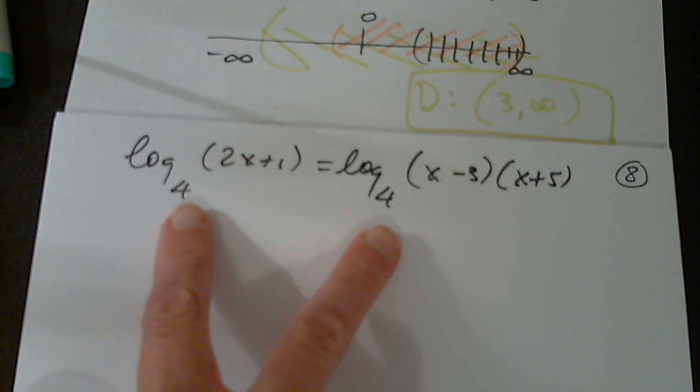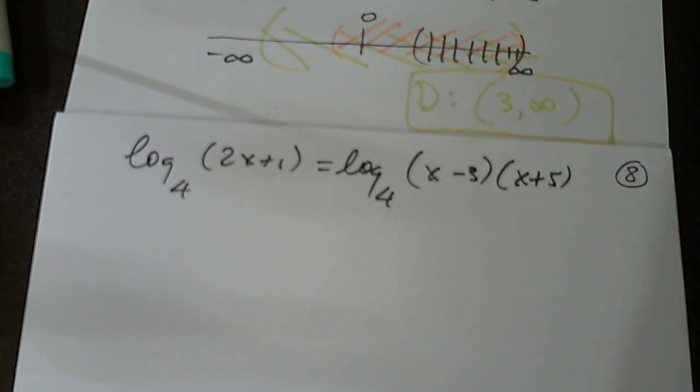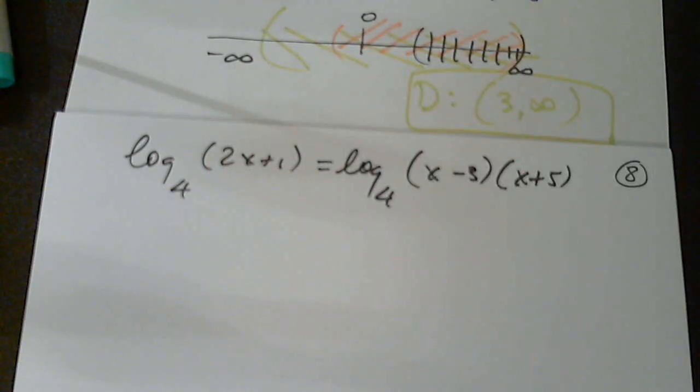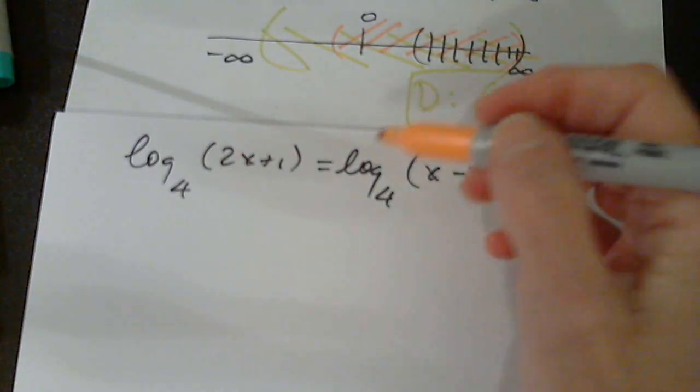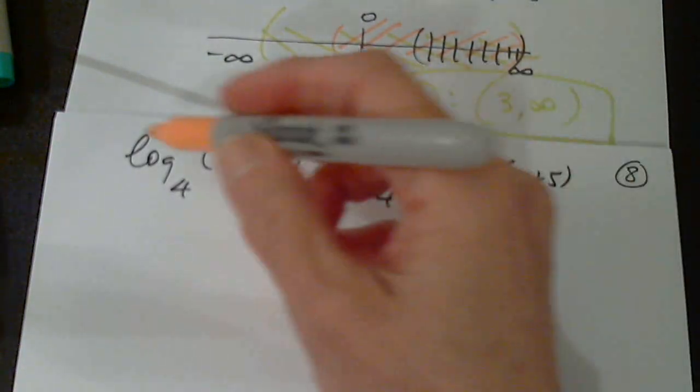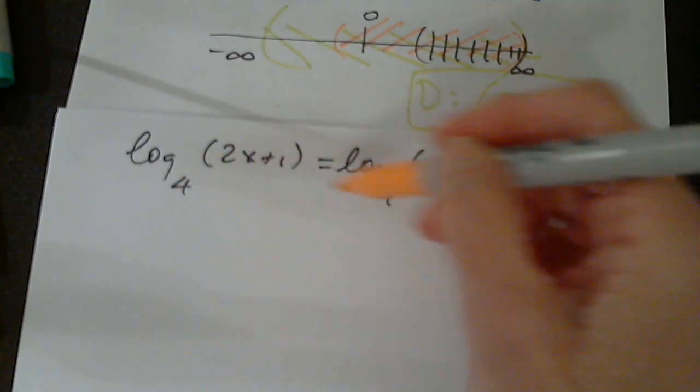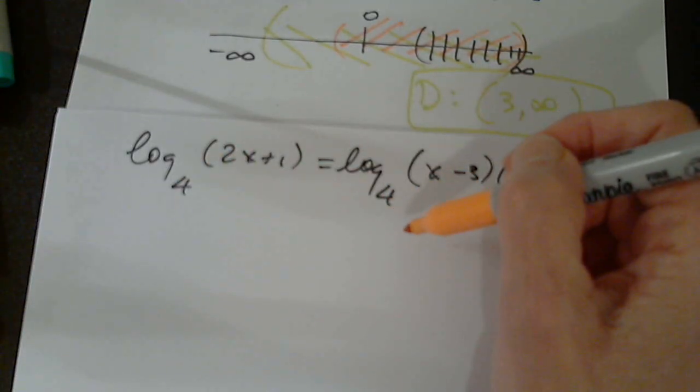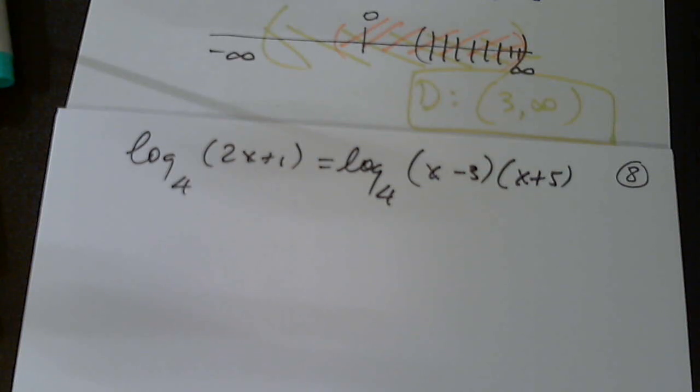Two logs in the same base are equal. What can we say about this quantity and this quantity? We have to set them equal to each other? They must be equal to each other. I've seen it, please don't do that. I'm not saying you're going to. Some students just cross out as if they are dividing both sides by log base 4. No, you cannot do that. So please don't do that.